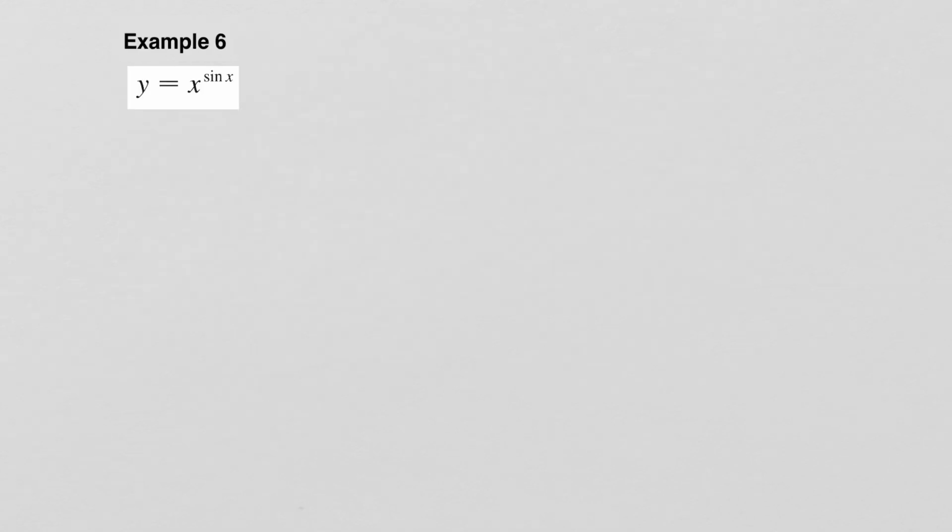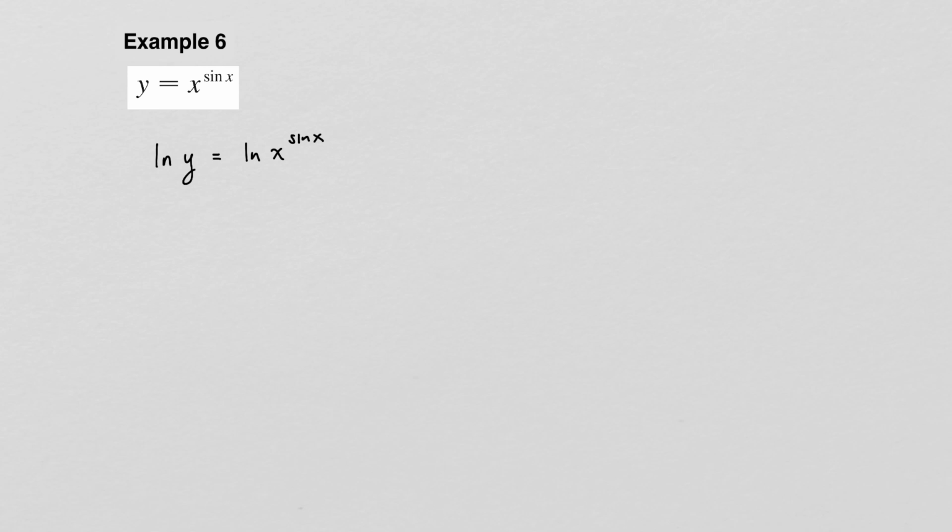Suppose I want to take the derivative of y equals x to the sine of x power. So notice that the base is a variable x, and the power is also a variable, sine of x. So there are some steps that we can go through to take this derivative. The first thing I'm going to do is take the natural log of the left side and the natural log of the right side.